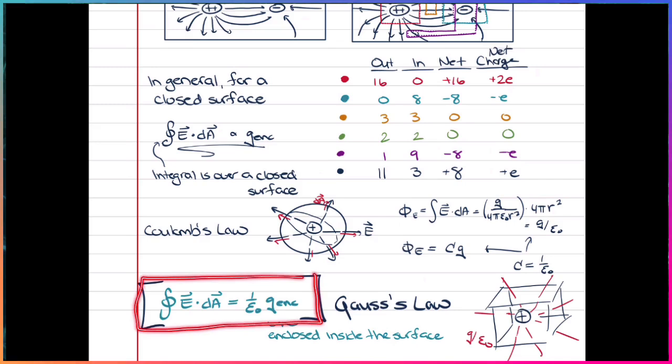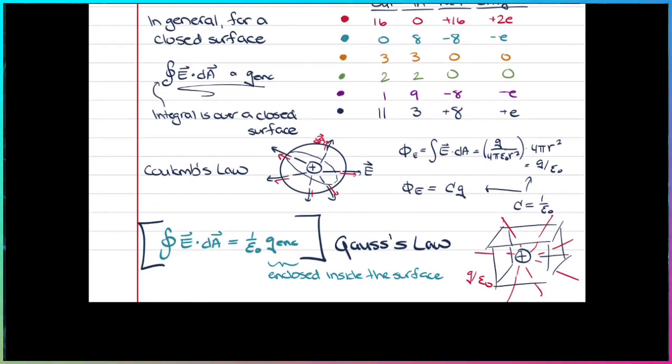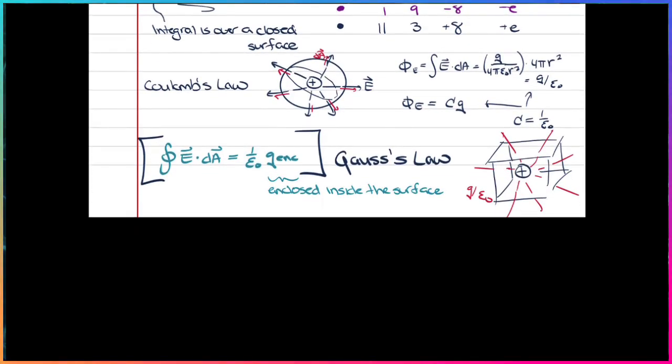Again, the power of this is in its generality. I could draw a sphere around the charge and say the flux through the sphere is Q over epsilon naught. I could draw a cube around this charge and ask, what is the flux through the cube? Q over epsilon naught. I'm going to erase Coulomb's law, sorry to Coulomb, if he's listening.